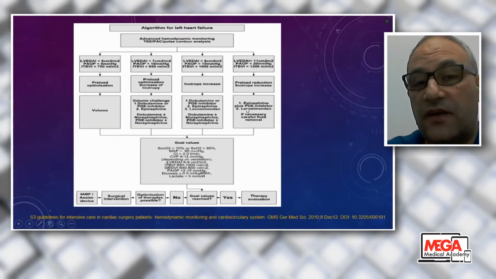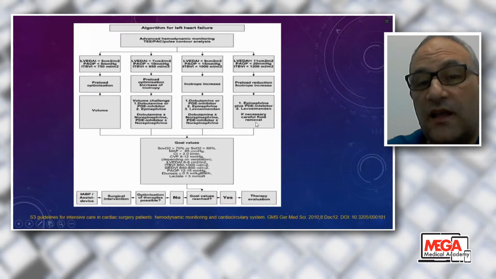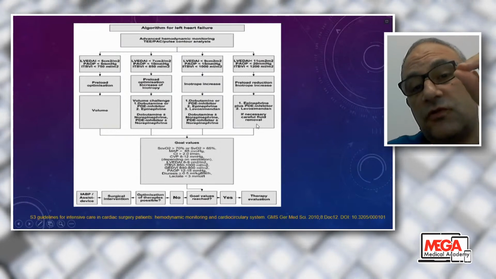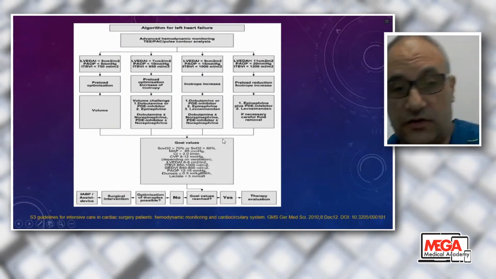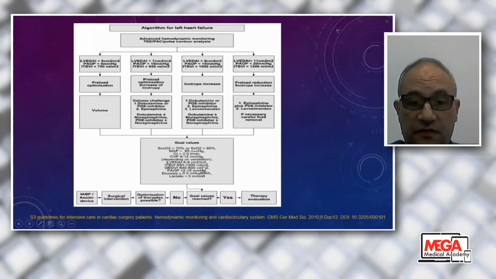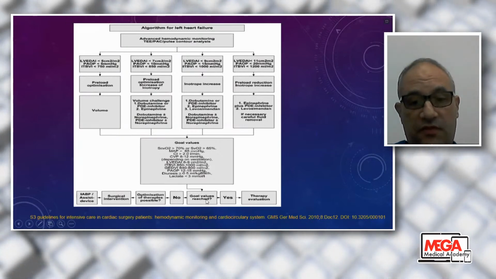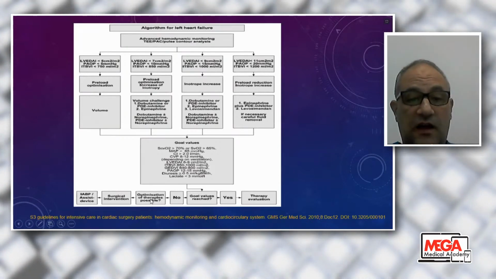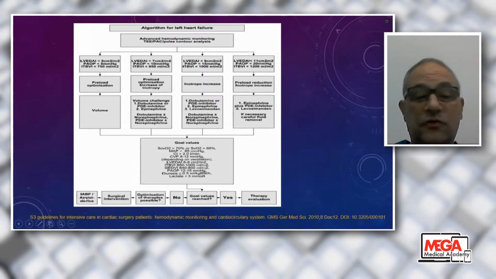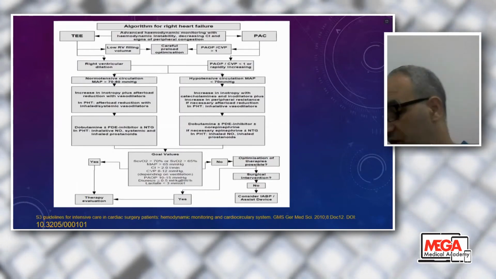Either I will use epinephrine plus phosphodiesterase inhibitors, or levosimendan, and I do not use vasopressors in this situation because I don't want to increase the afterload on this overloaded heart. My goal values are as discussed, and if I achieve my goal values, I will evaluate my therapy. If I do not achieve them, I will optimize my therapies again, or look for surgical correction, or use an intra-aortic balloon, or use assist devices to correct the left-sided failure.